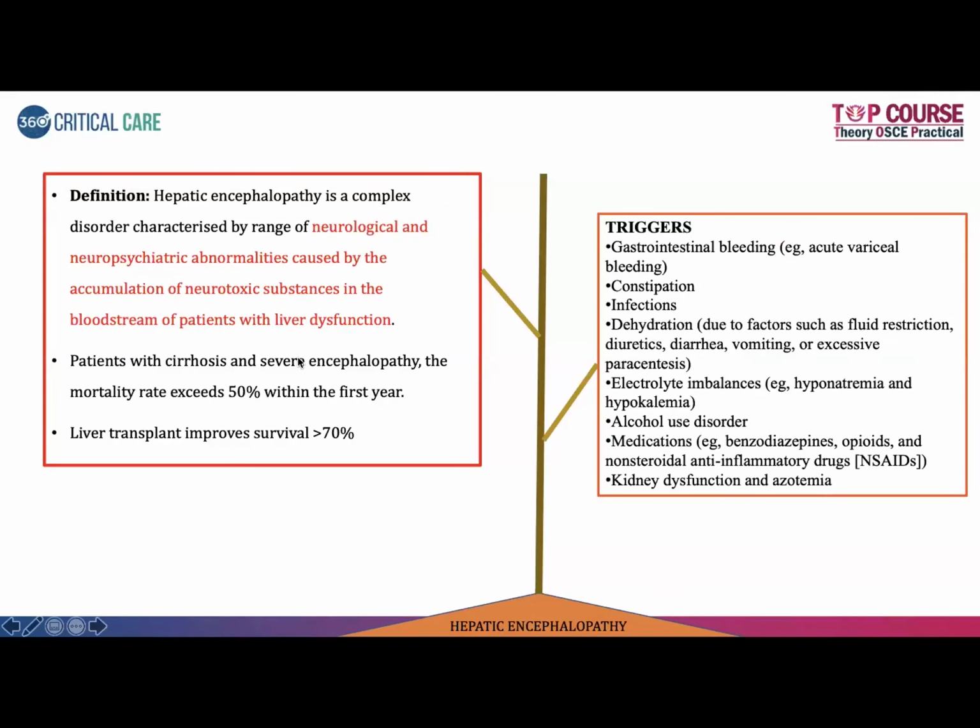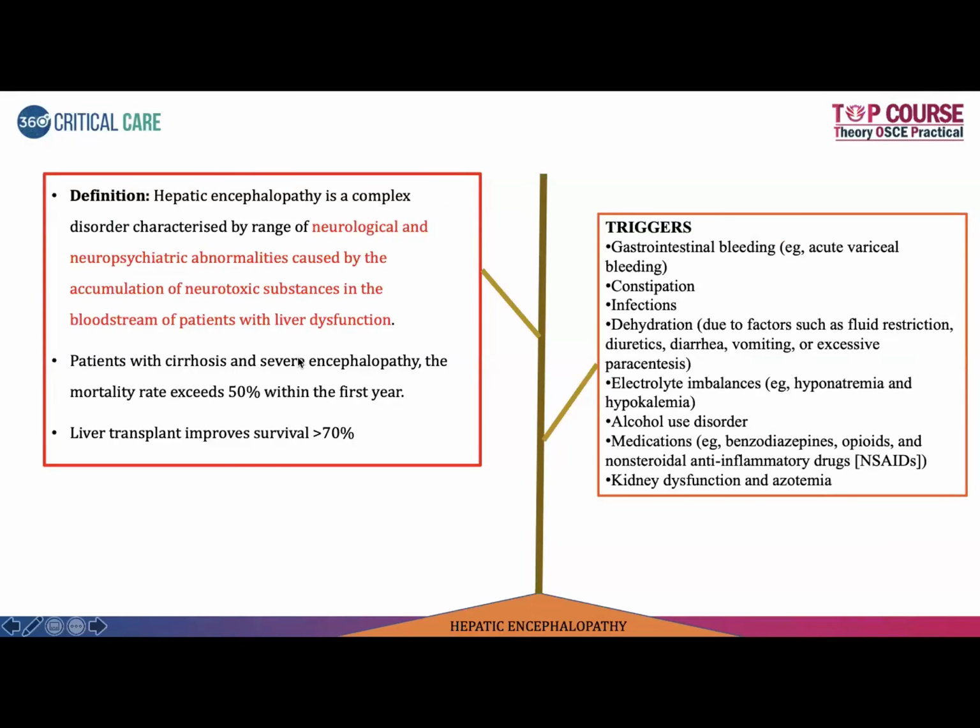And the West Haven grading, they have graded from 0, that is minimal, to grade 4. So grade 0 or minimal and grade 1 is considered as covert, whereas grade 2 to grade 4 is overt. Based on the clinical symptoms, it is classified as minimal if only there is abnormal psychometric test. Grade 1, there is attention deficit, altered sleep pattern, some personality changes, subtle changes.